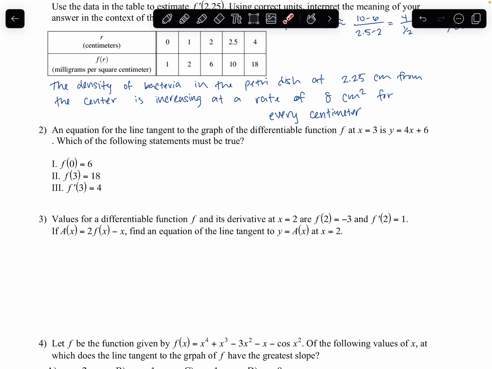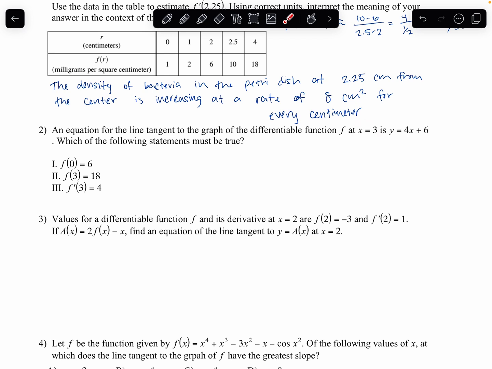Just one thing you need to know is that if this line is tangent to the graph of f, then it intersects at the x value of 3. So the tangent line at x equals 3 is going to be equal to the function at x equals 3. In other words, they share the same coordinate point. And also at this point, they share the same slope.